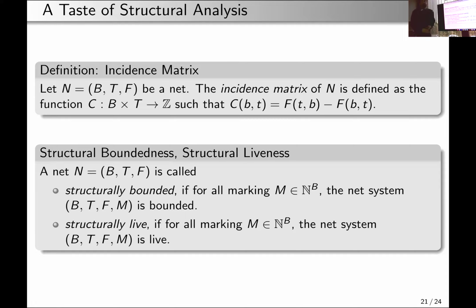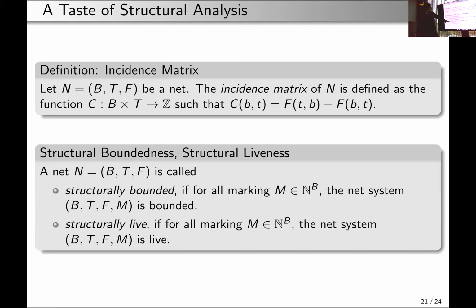And so what we will be checking are what we call structural properties, meaning properties that hold independently of the marking, okay? So for instance, a net is structurally bounded if for any marking, the resulting system is bounded. No matter what the initial marking, it will remain bounded.